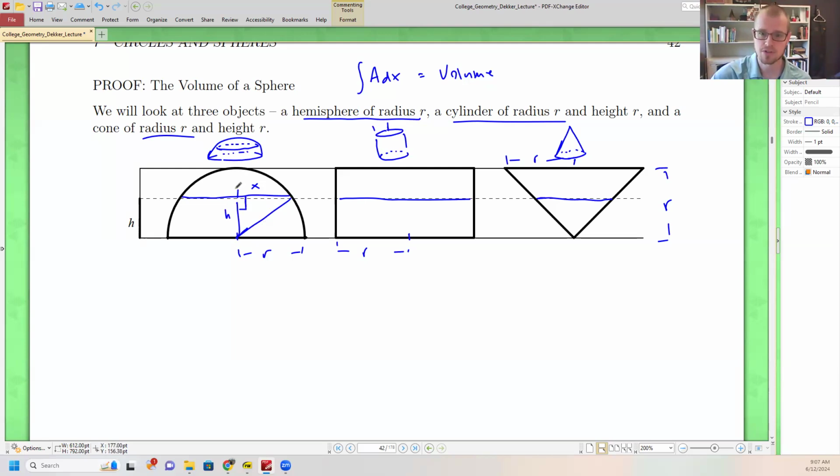Those are fixed numbers. And if we call this distance here x, we can find that using the Pythagorean theorem. So we would know that x is equal to the square root of the hypotenuse squared minus the height squared. Okay, so this gives us a formula for the value of x, and then we can find the area of the slices, so cross-sectional area.